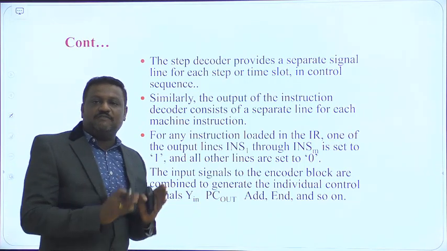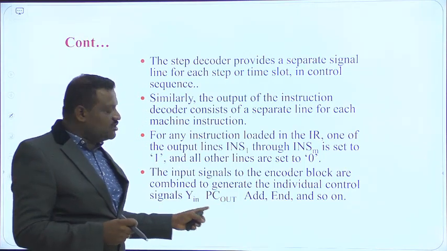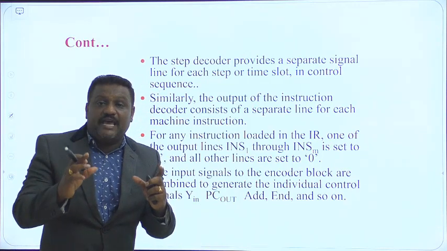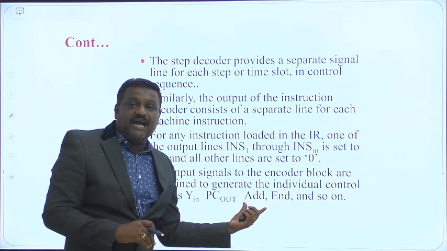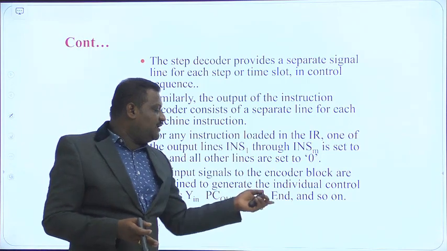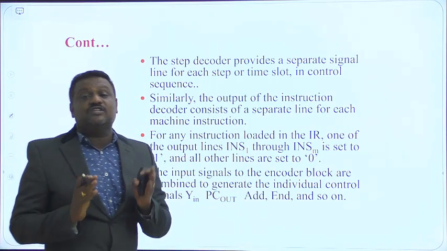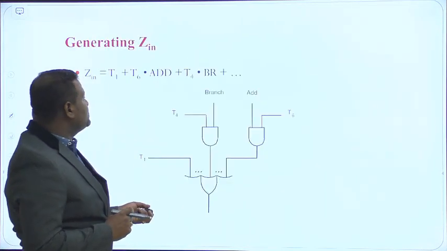PC out: to read the value that exists in the program counter PC, I need the control signal PC out. Again, if I want to do an addition operation using the ALU, I need an add signal. To indicate the ending of an operation, I need an end signal. Like this, different control signals are generated by my encoder circuit.